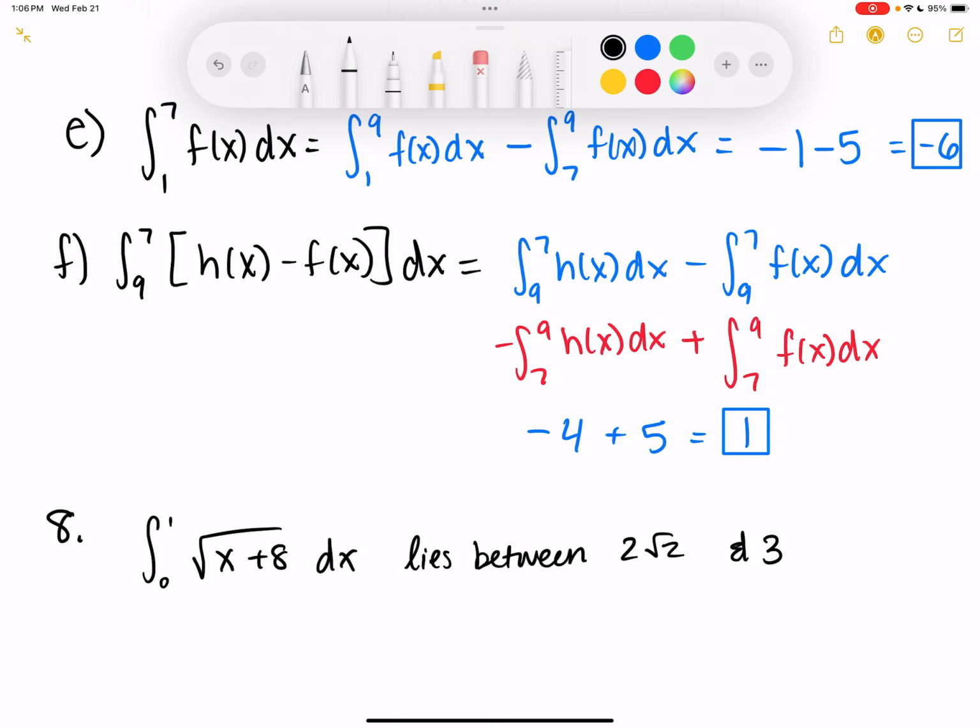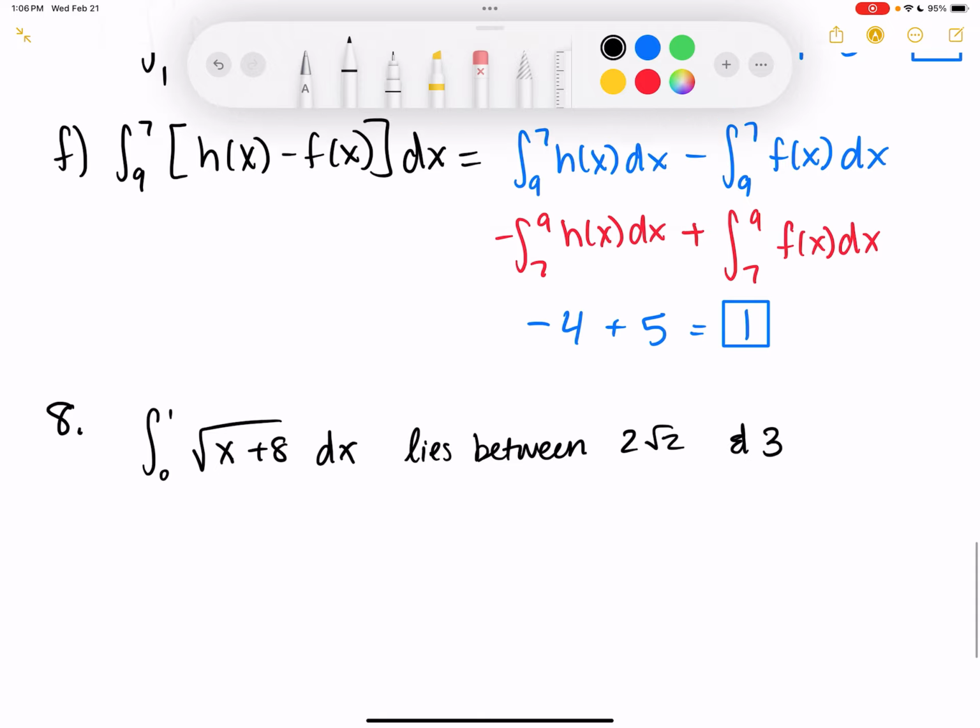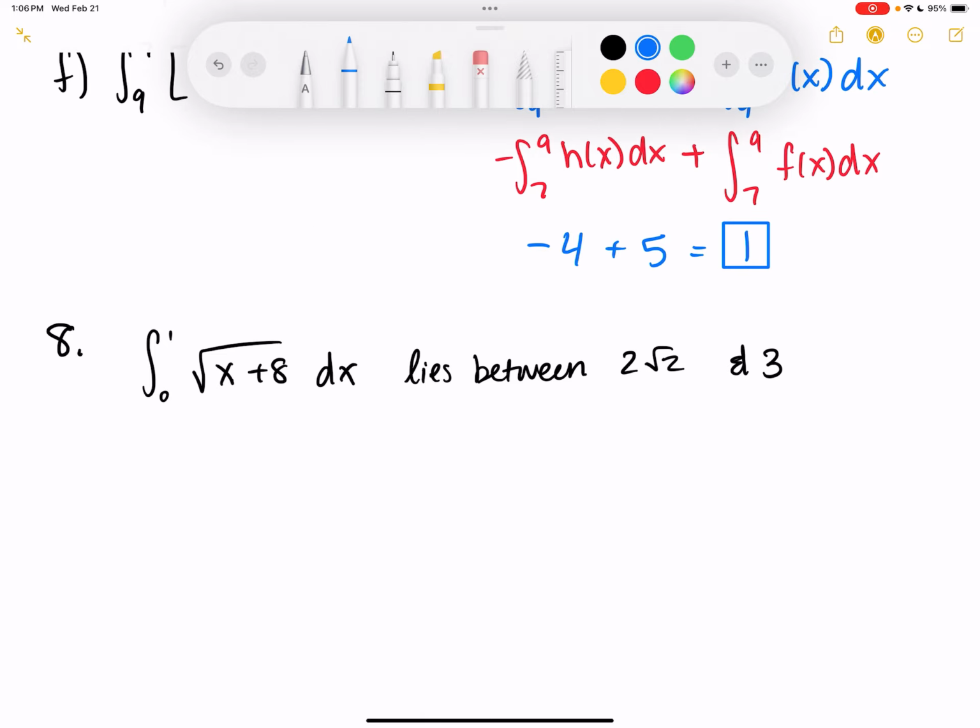Okay. All right, so we're looking at the fact that this has to be between these two numbers here. So to show this, we're going to do the integral from 0 to 1. Now, we're going to imagine that we're using x as 0 for right now.